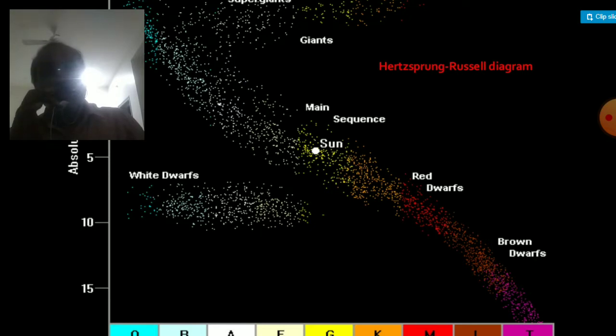Such stars we call young stars. Below the main sequence band we find white dwarfs. Above the main sequence band we find supergiants, giants, normal giants and red giants. So this is the understanding of the HR diagram.